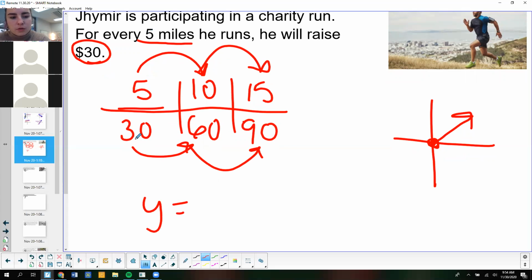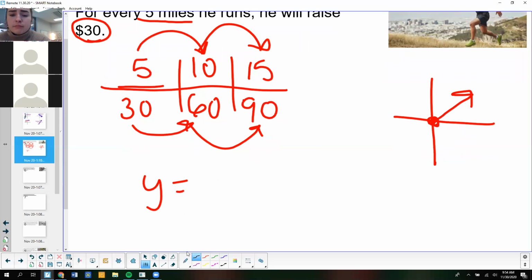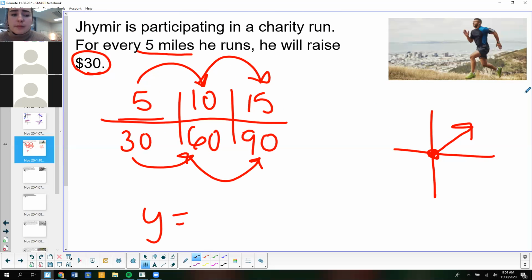If you remember finding the constant of proportionality, y divided by x, 30 divided by 5 gives us 6, so y equals 6x. That would be our equation for something like this.